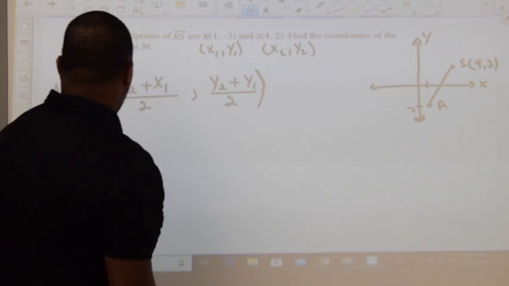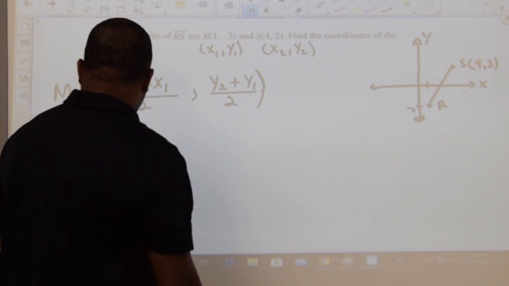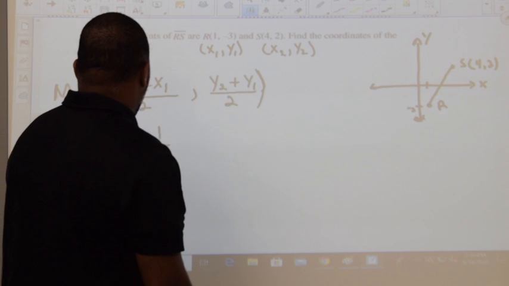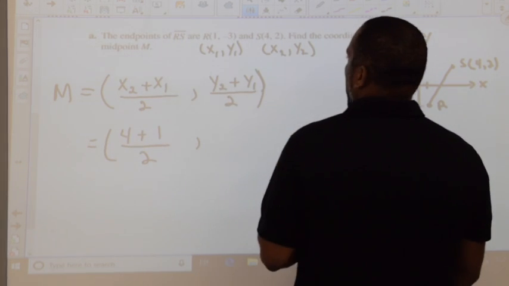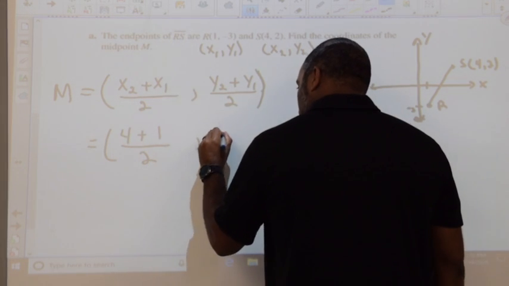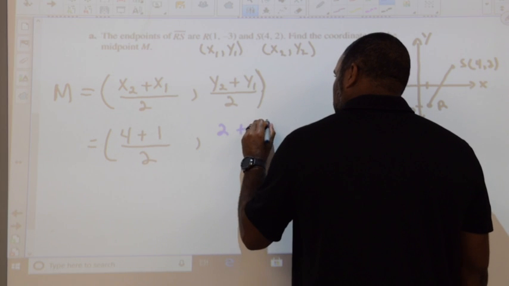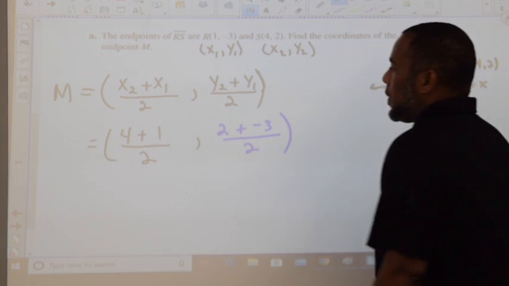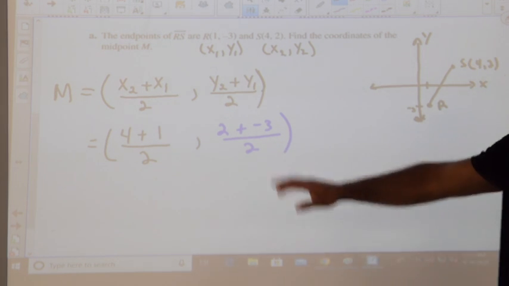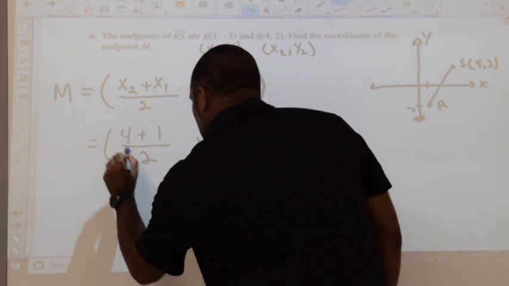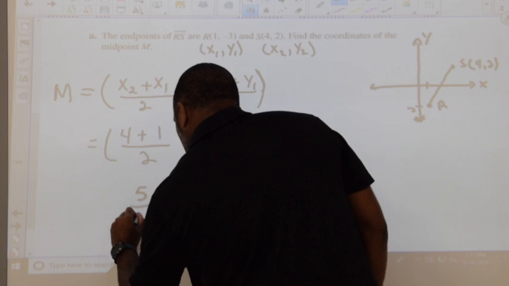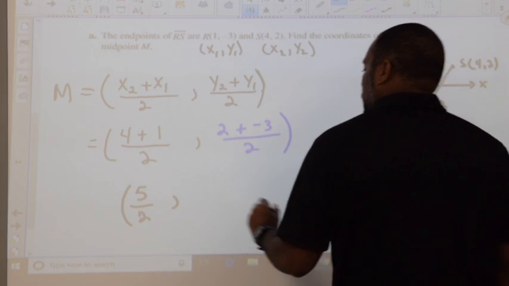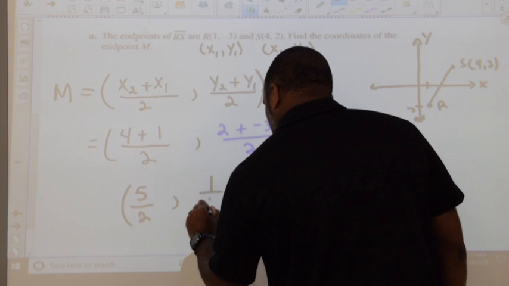X2 is 4 plus X1 is 1 over 2, comma, Y2 is 2 plus -3 over 2. 4 plus 1 is 5 over 2. And 2 plus -3 is 1 over 2.